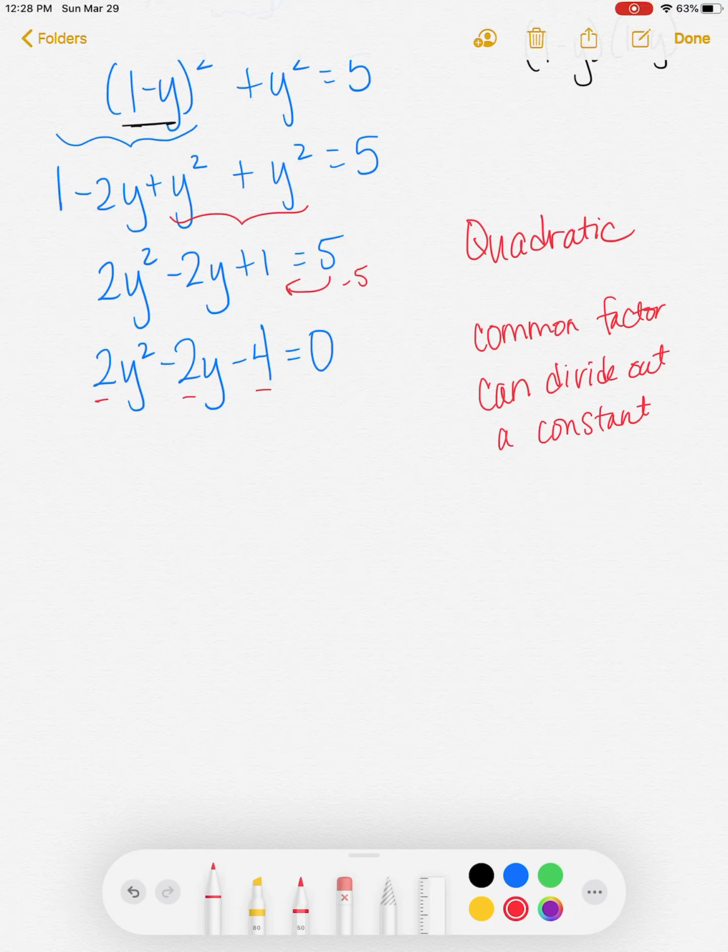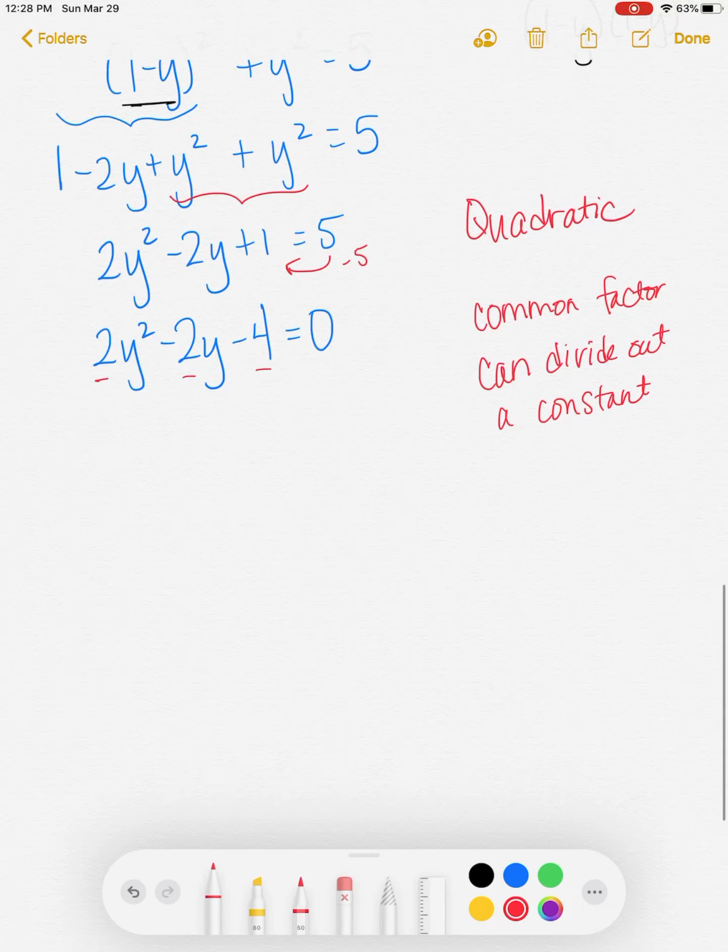And I think we saw that in the last test we took, the trigonometric one, where we would divide both sides by one of our trigonometric functions, and we lost a solution set. So we cannot divide out a variable. All right, but let's go ahead and divide out a 2. Why not? Makes it smaller.